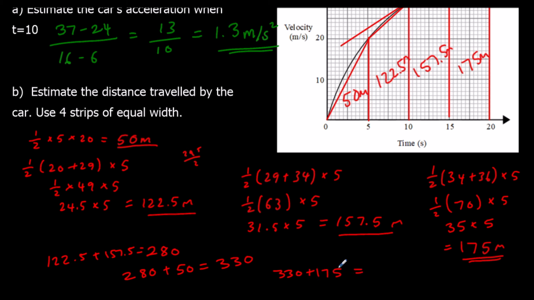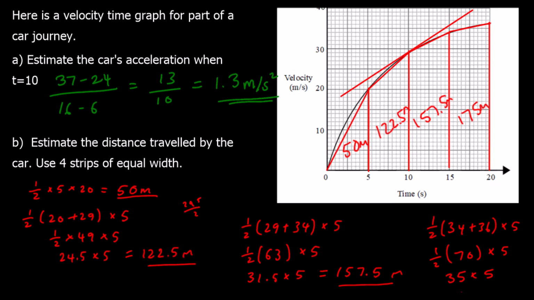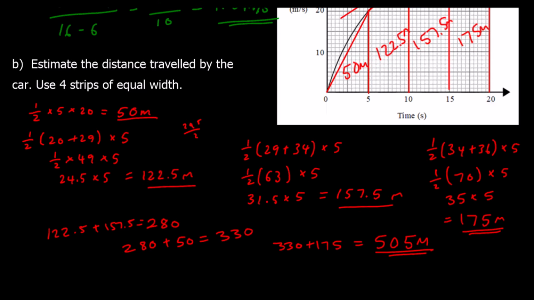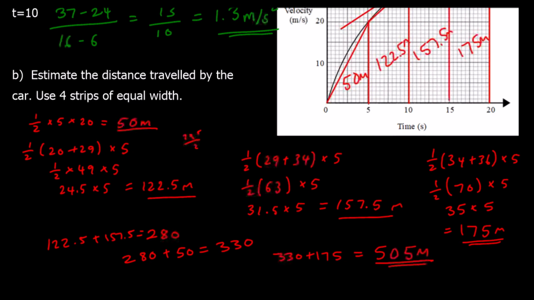So 330 and 170 make 500 plus the extra 5. So we've got 505 meters. We could have probably done with a calculator for that question, but it's good to practice.